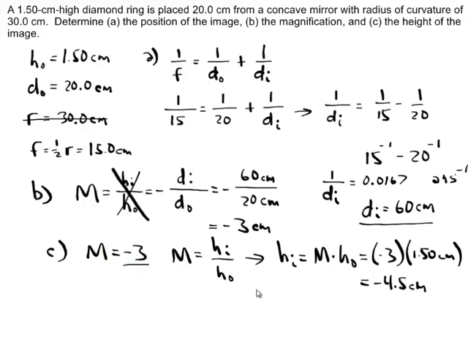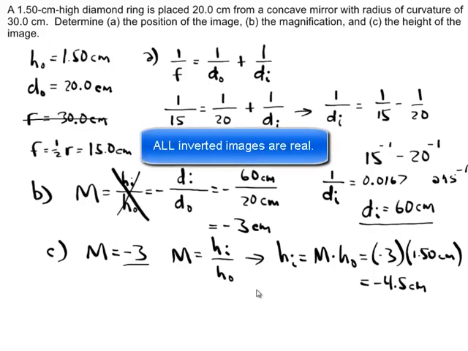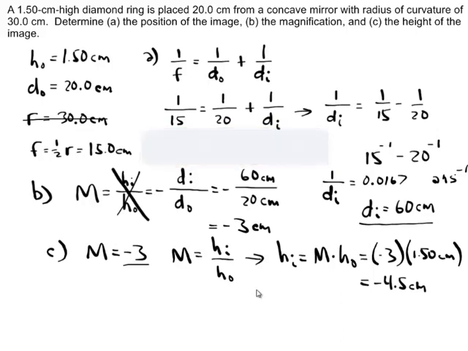Well, that's the easy one, because all inverted images are real. All upright images are virtual, but all inverted images are real, and since this is inverted, it must be real. And I now know that I have a real, enlarged, and inverted image. We could tell all that without drawing a ray diagram.